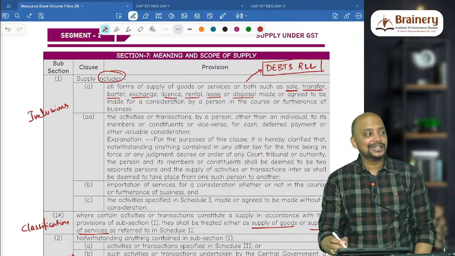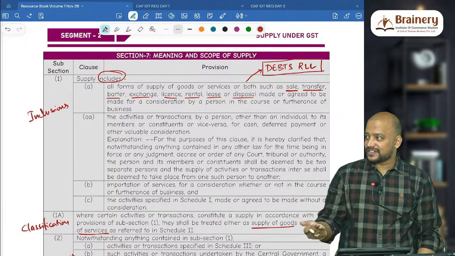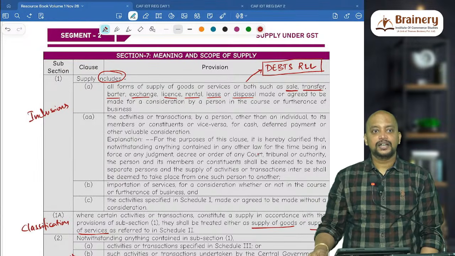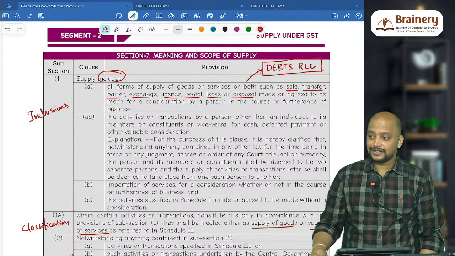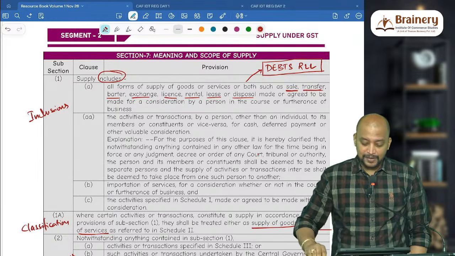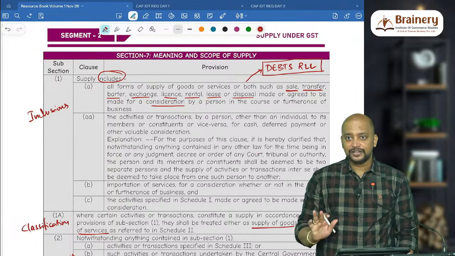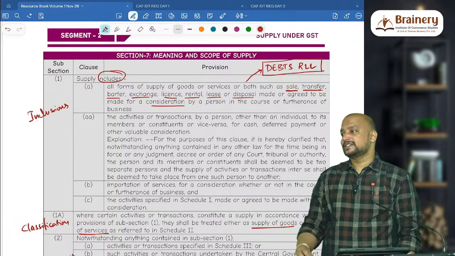Difference between sale and transfer, because sale itself is a transfer. Transfer is done without consideration, but here if you observe, it says made for a consideration. So can you give me an example of transfer that is made for a consideration?